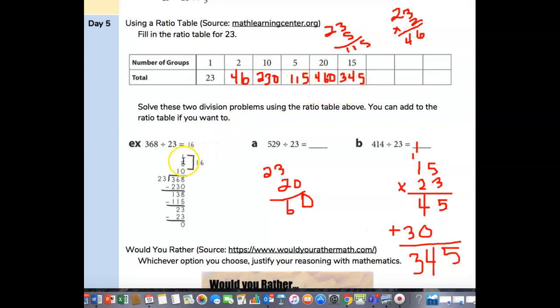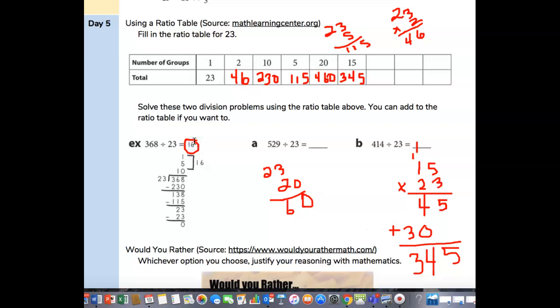And so then you get a 5. So you'll put a 5 here. 5 times 23, we have the work here, 115. Subtract, and we get 23. How many 23s are in 23? And we get 1. So 1 times 23 is 23. And then if you add these up, 10 plus 5 plus 1 is 16, and your answer is 16.